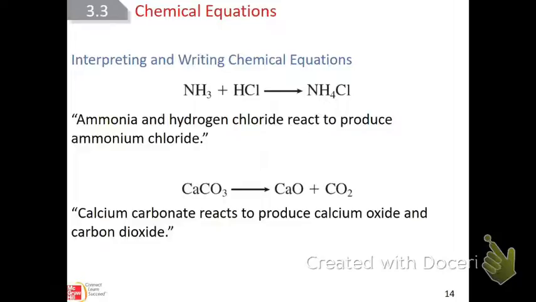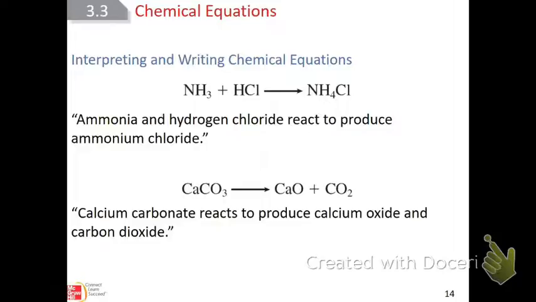That is the common name for that compound. So please don't get those two mixed up. So if you have ammonia and then you have hydrogen chloride, also known as hydrochloric acid, and I wish that she had said that, and they react together to produce ammonium chloride.